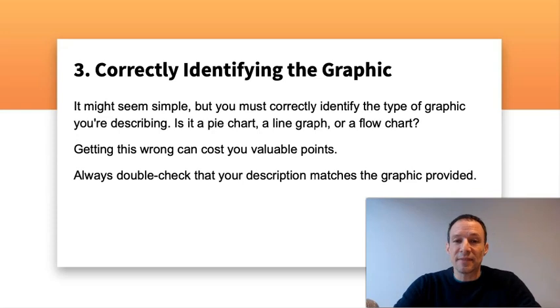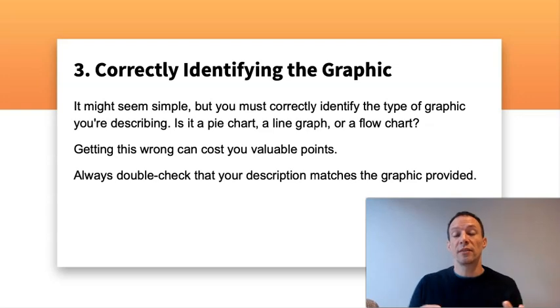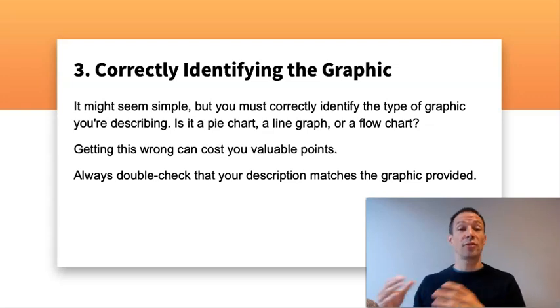Correctly identifying the graph. This goes back to what I was saying before. I have seen numerous Academic Task 1 descriptions where the student has used the language of change when the chart was static. So they might say the pie chart vastly increased to 30%.